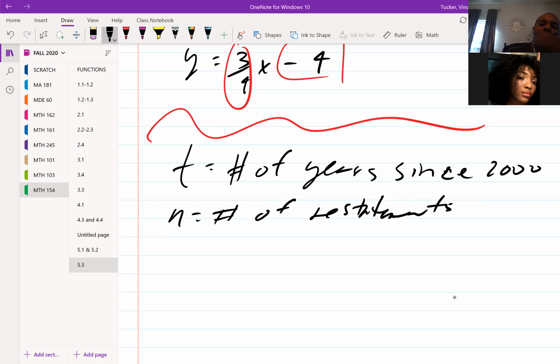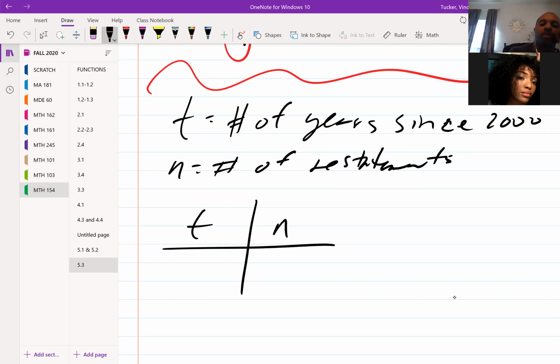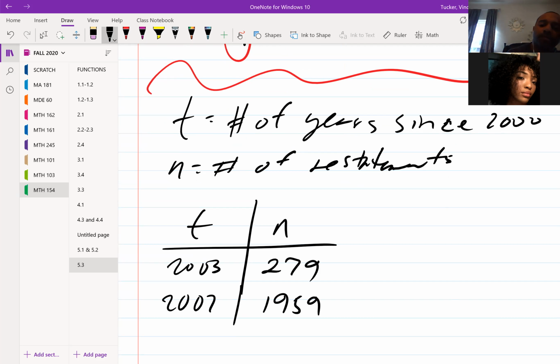All right. So look at the information that they gave us in reference to those two. It says that 279 in 2003. So in 2003, we had 279 restatements. And then in 2007, 1959.